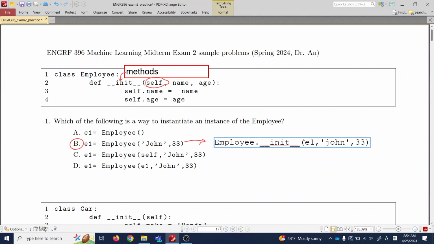As you can see, the instantiated object gets plugged into a method. That's the difference between a method and a function. Therefore, even if you don't have the self in the first one, E1 automatically goes in there. So that's one thing about objects.